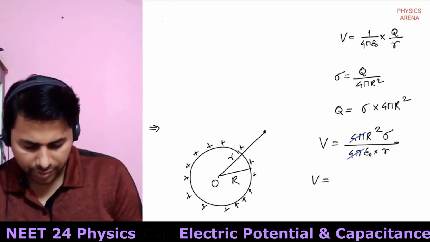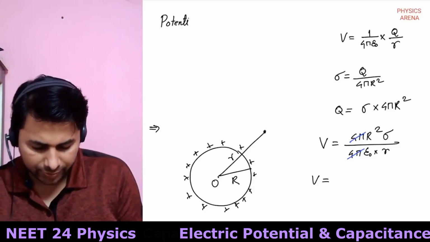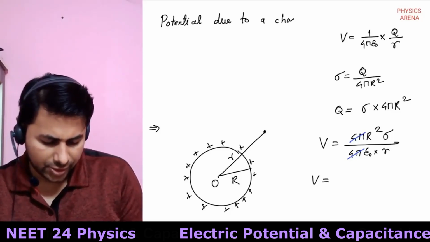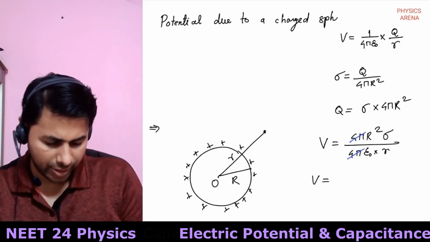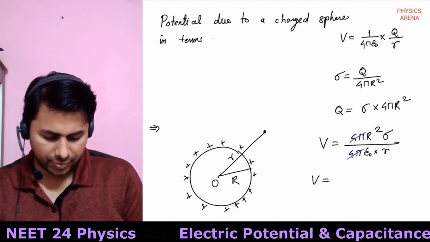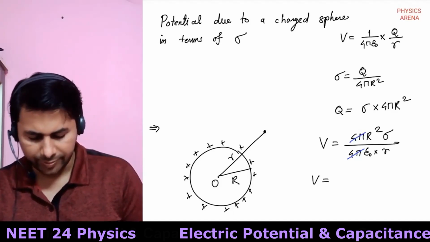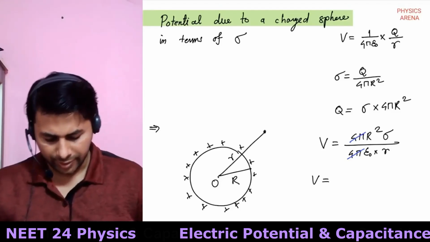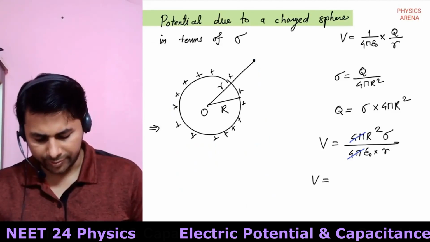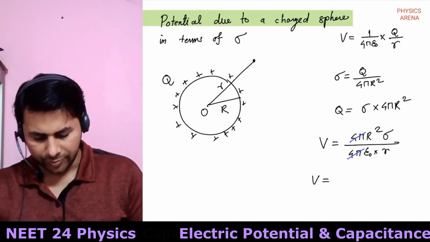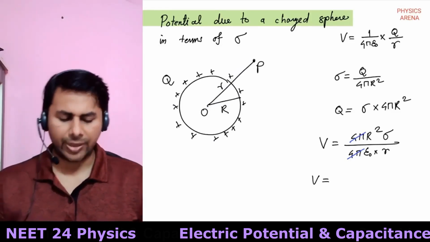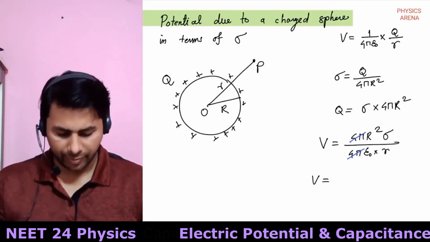Let's see the potential due to a charged sphere in terms of surface charge density, in terms of sigma. This is our charged sphere and we want to find the potential in terms of sigma. Charge is q, the radius is capital R, and the distance of point P where we want to find the potential is small r.